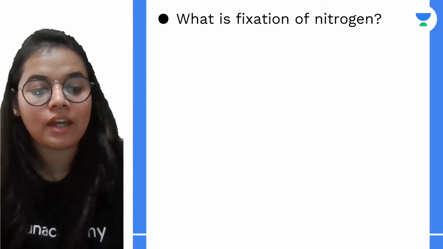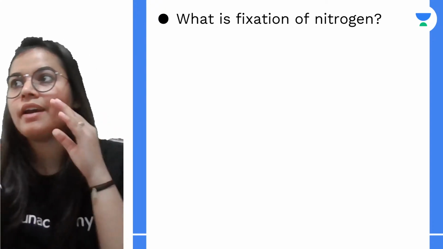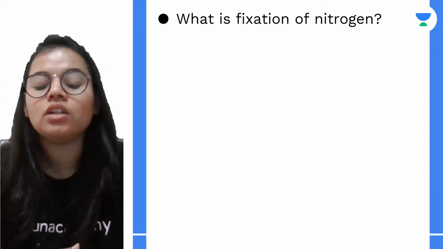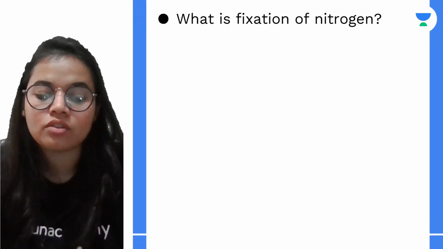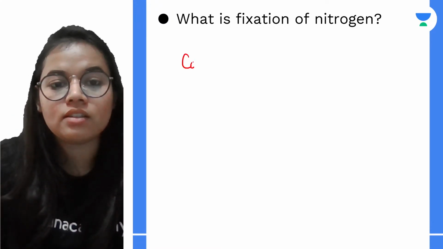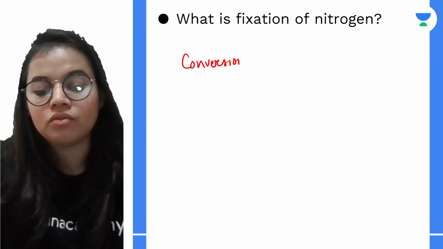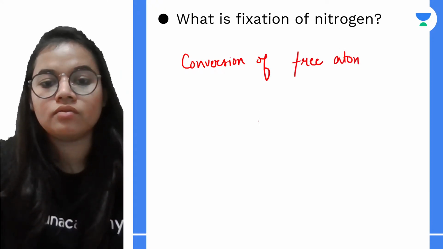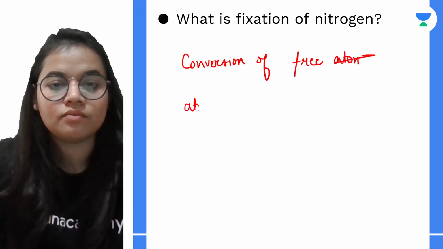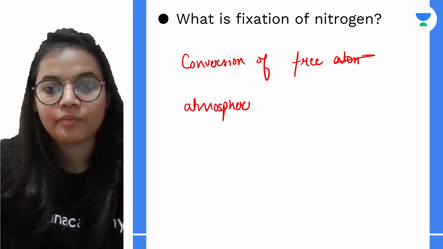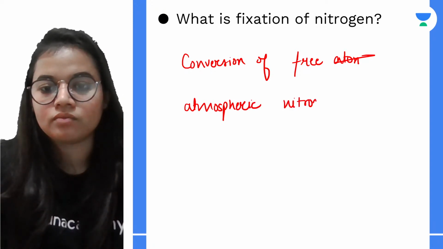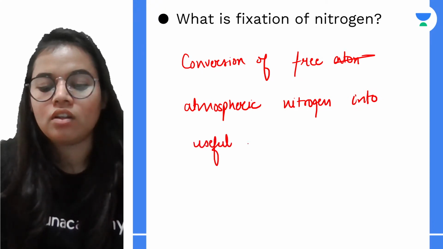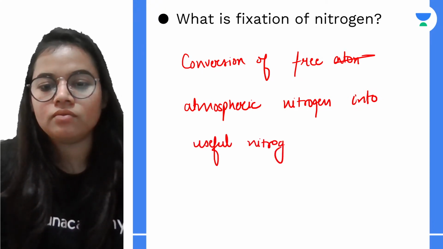The fixation of nitrogen basically means जो हमारा atmospheric nitrogen है, उसको we are converting into the useful compounds of nitrogen. So basically, it is conversion of free atmospheric nitrogen into useful nitrogenous compounds.